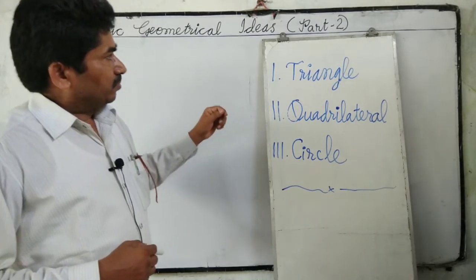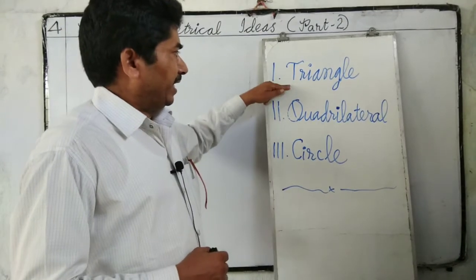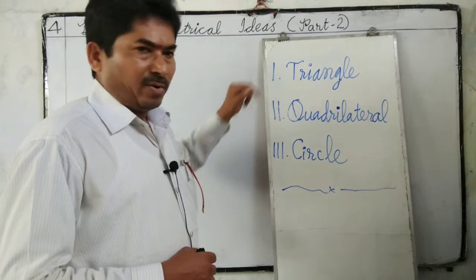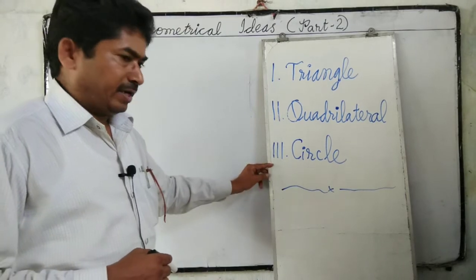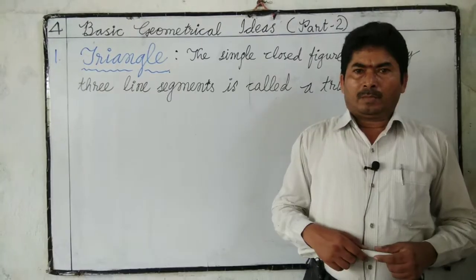In this part 2, we are going to learn triangle, what is a triangle, and more about a triangle, quadrilateral, circle. Let us learn one by one.